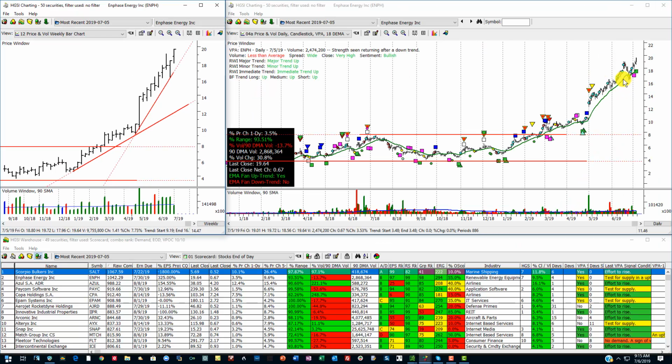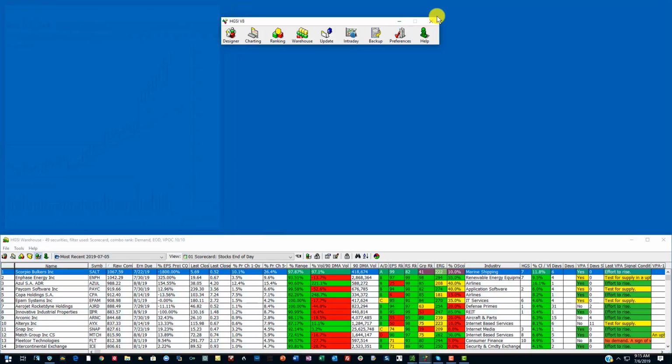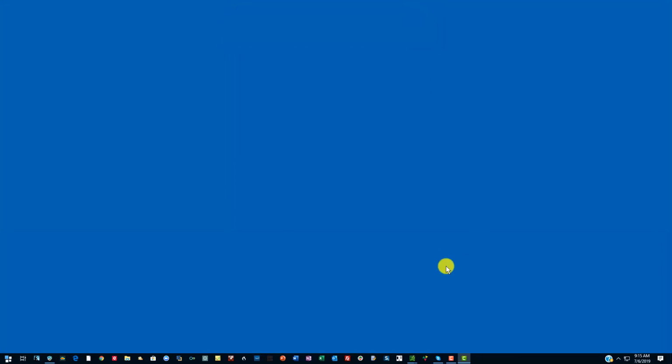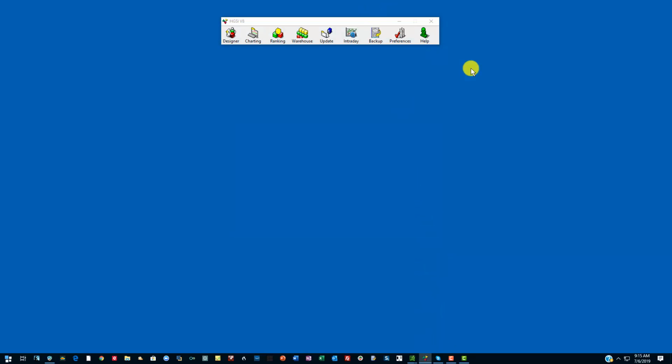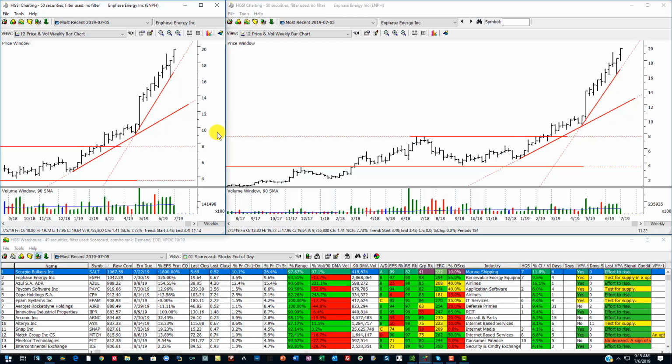See, it doesn't appear here, but if I go to the main menu, close it down here, open these up, you can see it reverted to a weekly bar chart.